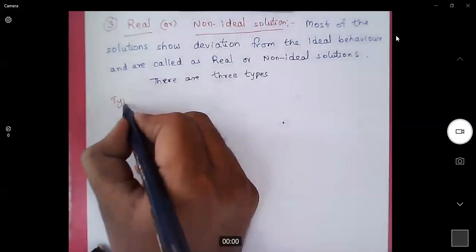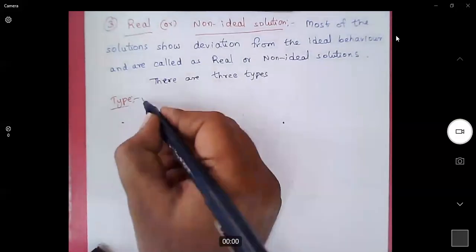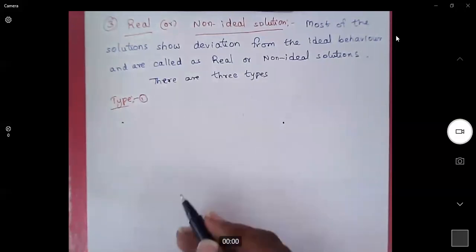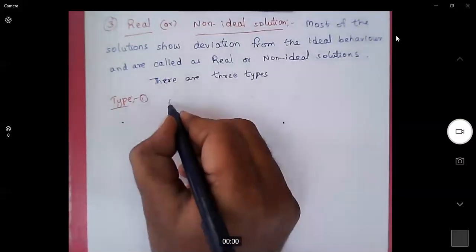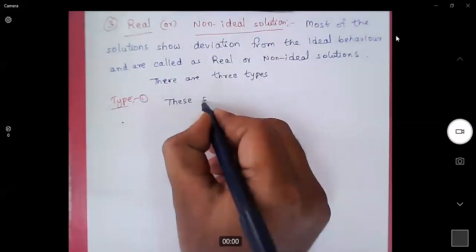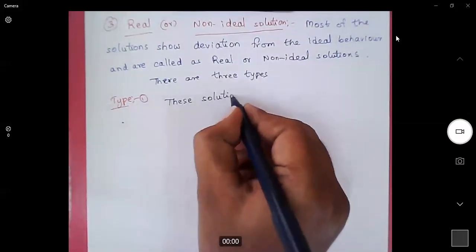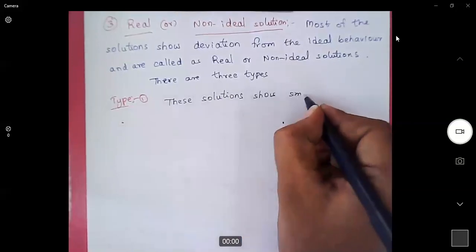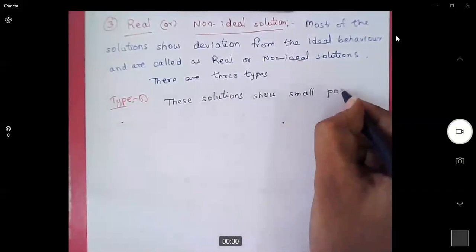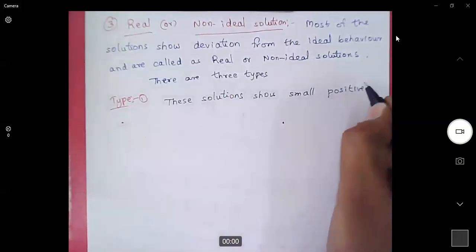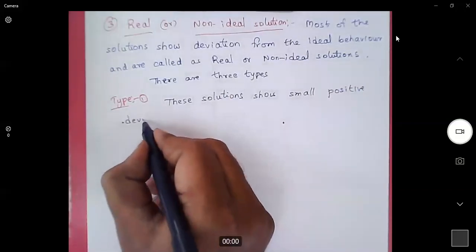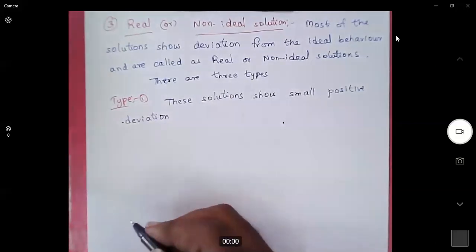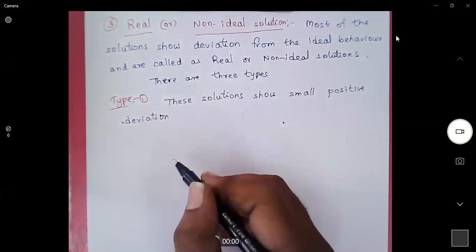First one is type 1 solutions. What are type 1 solutions? These solutions show small positive deviation from the ideal behavior.